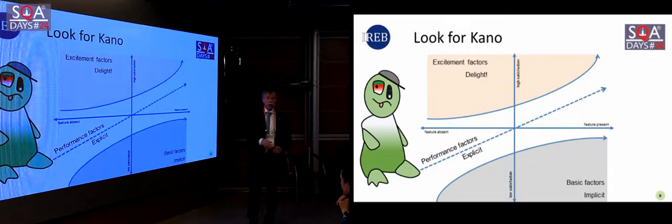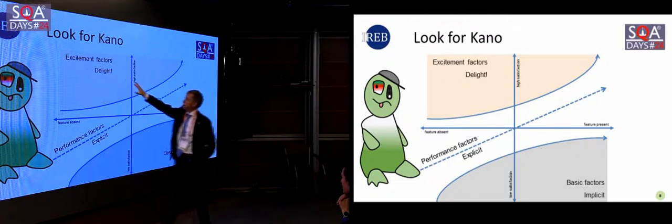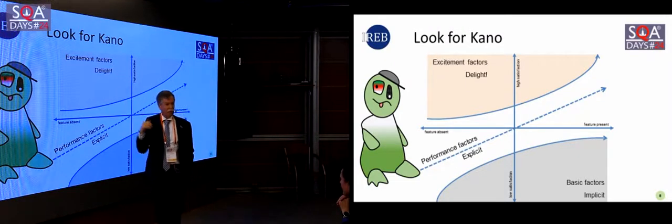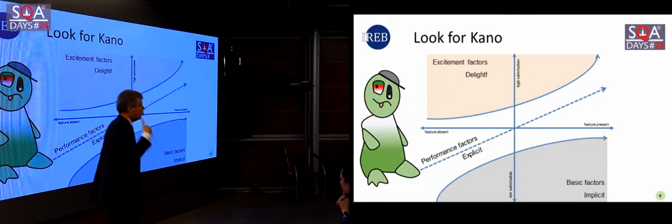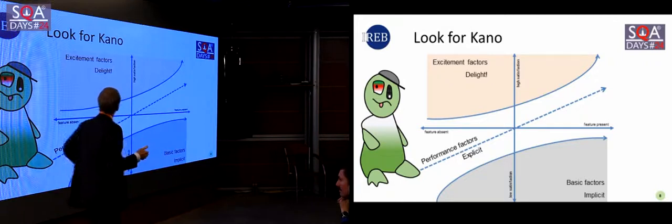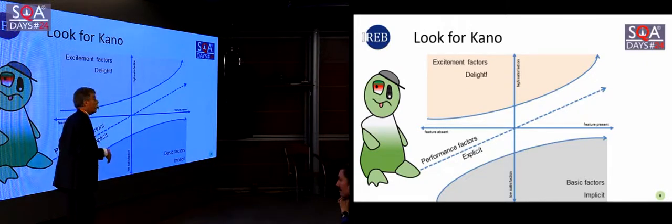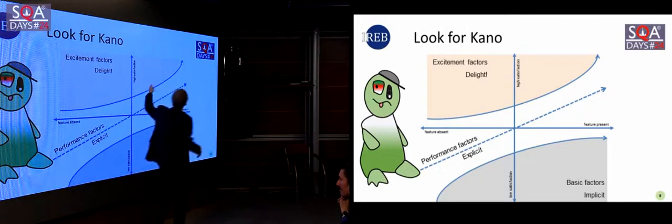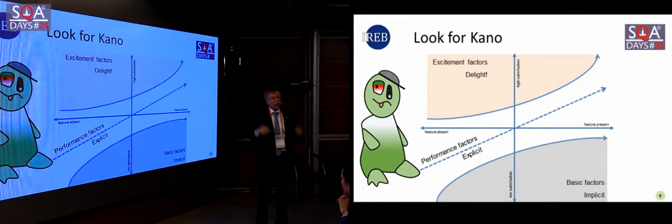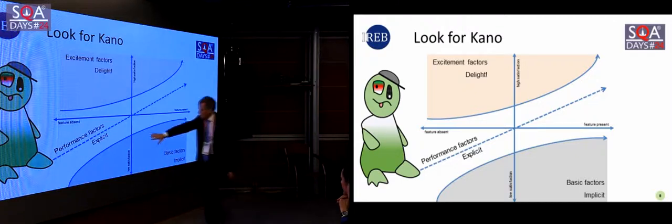The less you put in, the less satisfied. And there are things that Kano calls delighters, or excitement factors. Those are things that the customer doesn't even know are possible. If you don't put it in, nobody cares. And if you put it in, they say, wow, this is a good product. This is about innovation.